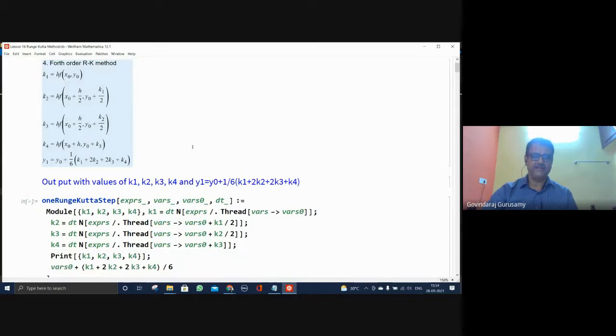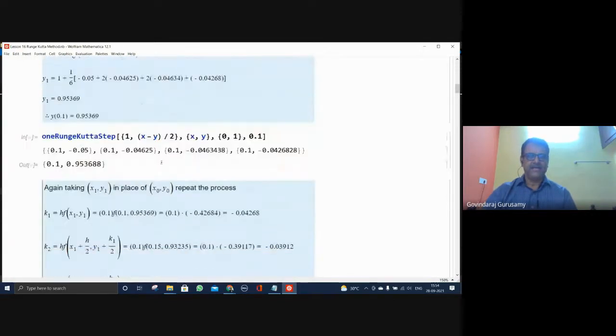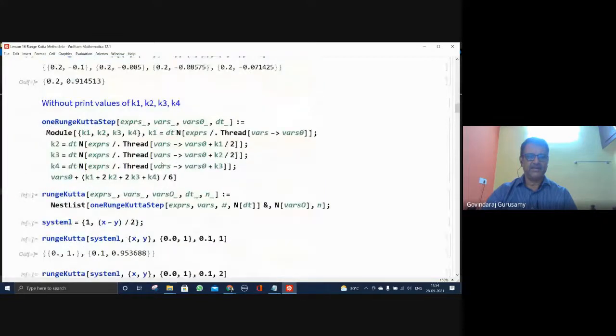That's enough. We can produce K1, K2, K3, and Y1 for a given value of H, then go to the next. There's an iterative procedure that's possible, and it can be implemented on the one step that you write, using what you have learned already, called NestList.